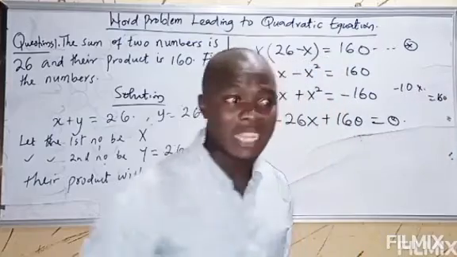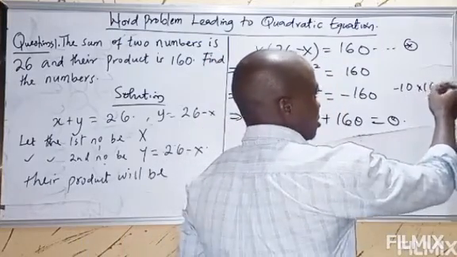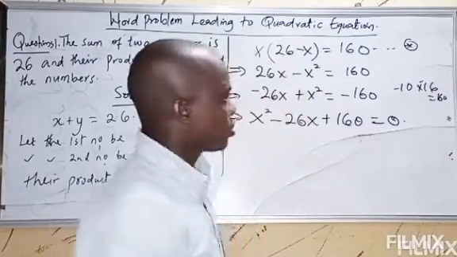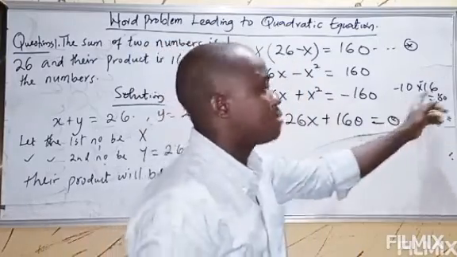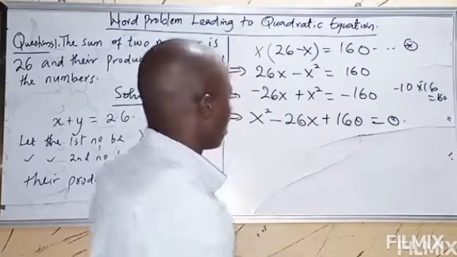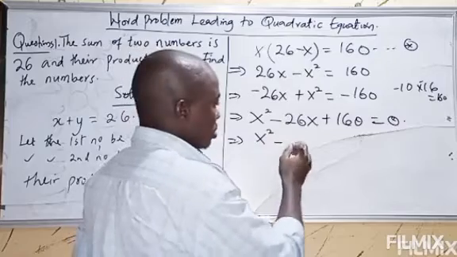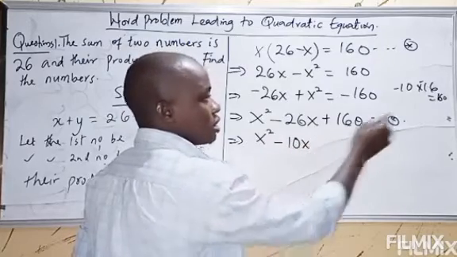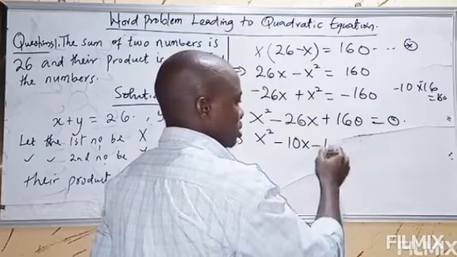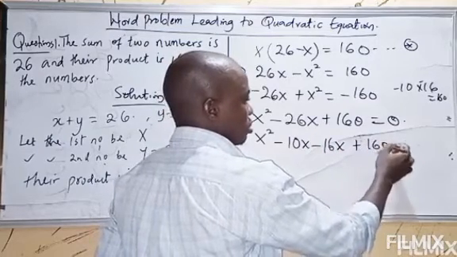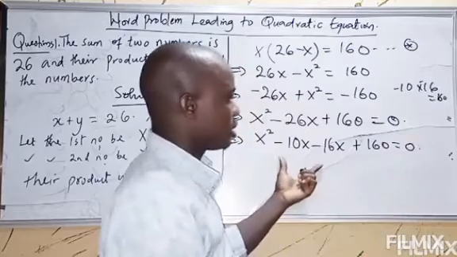So minus 10 times minus 16 will give me 160. So now you can see that minus 10 minus 16 actually gives me this. So I can have it to be x squared minus 10x, then minus 16x plus 160 equals to 0. Can you see that now?